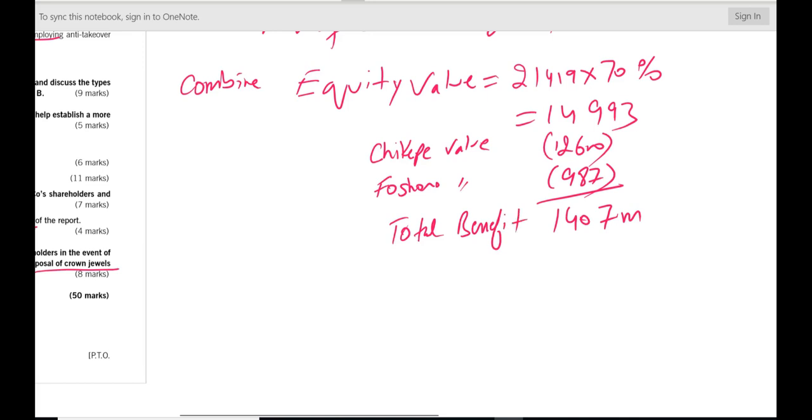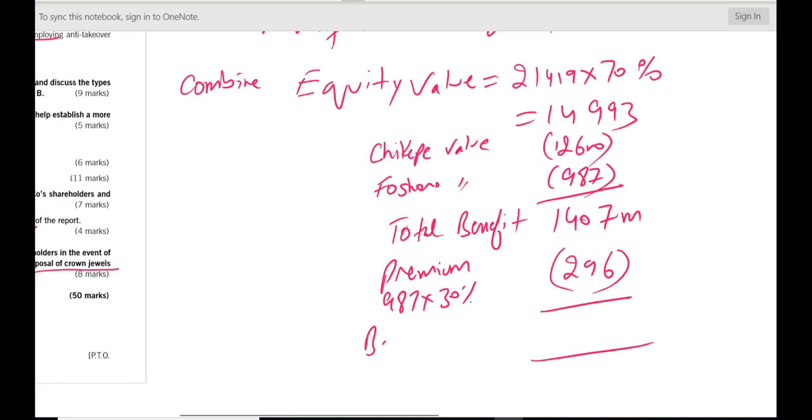Okay, we want to give some premium to the target company, and that is 30% on their value. If we take 30% of 987, approximately it will be equal to 296.